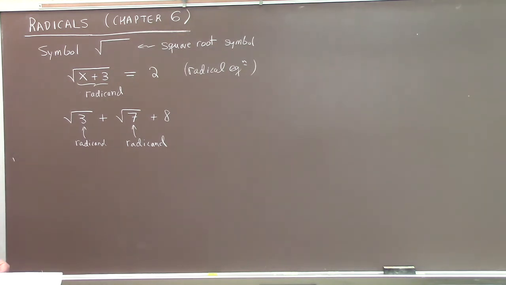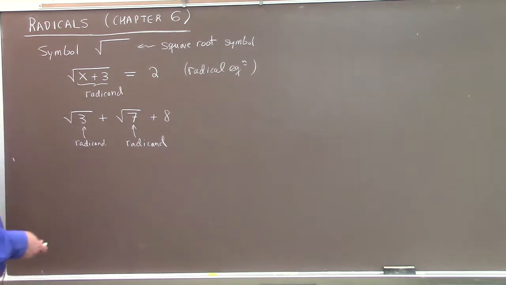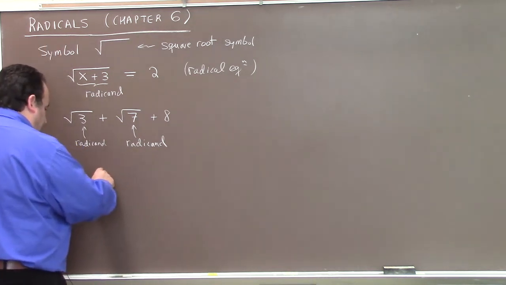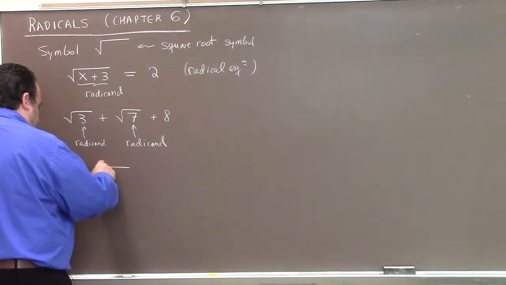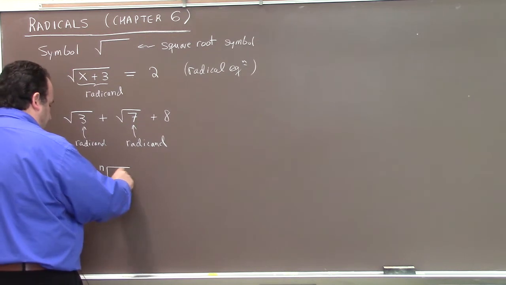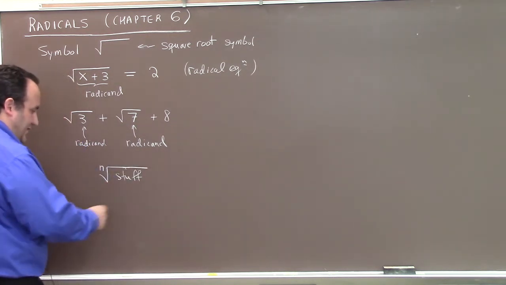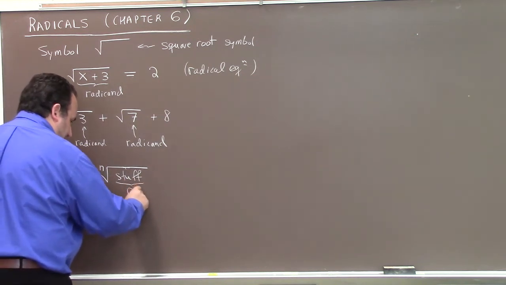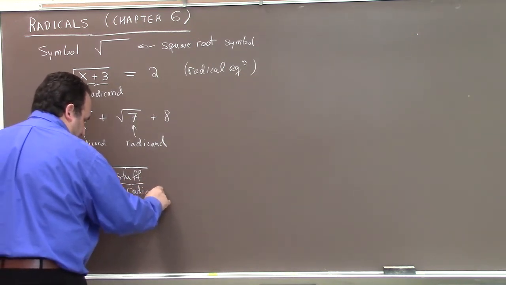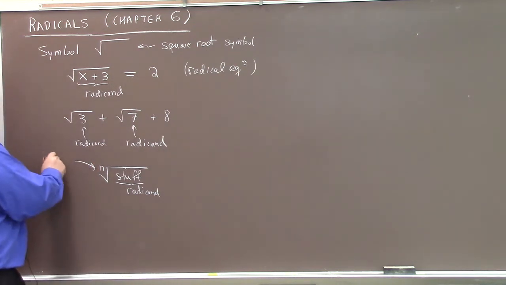Now, we can also talk about the index. So far, everything here is all square roots. You can also talk about, let's say, the nth root of stuff. There, use a technical term. So again, still the radicand is whatever goes into the radical, and here n is called the index.